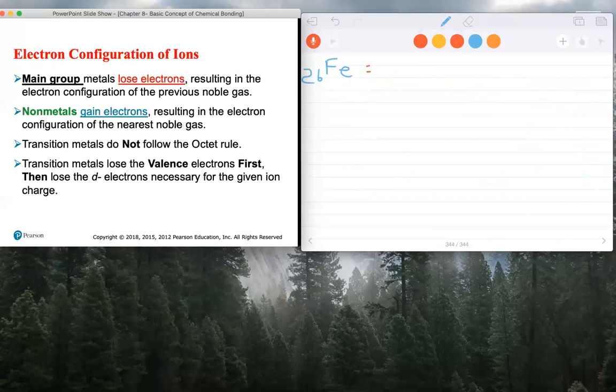Let me write it down here: 1s2, 2s2, 2p6 (10), 3s2 (12), 3p6 (18), and then 4s2, this is 20, and then 3d6 to make it a neutral atom.